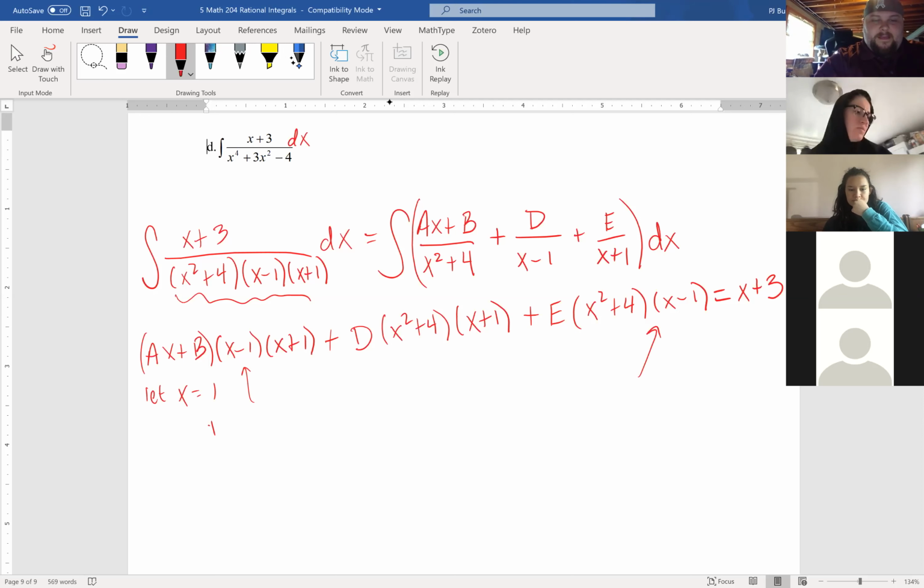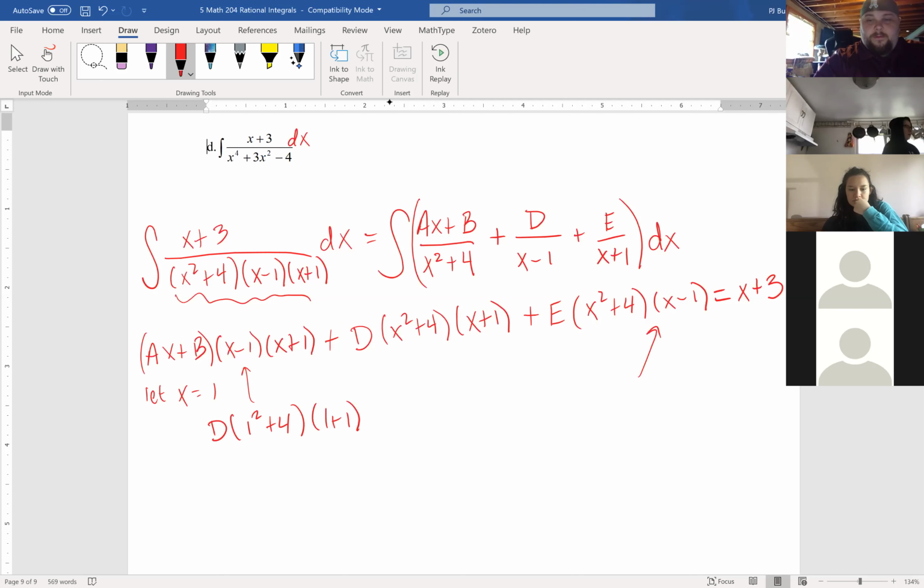So I will get d times 1 squared plus 4 times 1 plus 1 equals 1 plus 3. Everywhere I see x, I have to plug in 1. So this is 5 times 2, or 10, is equal to 4. Looks like d is going to be 2/5. All right, not bad. That was easy.